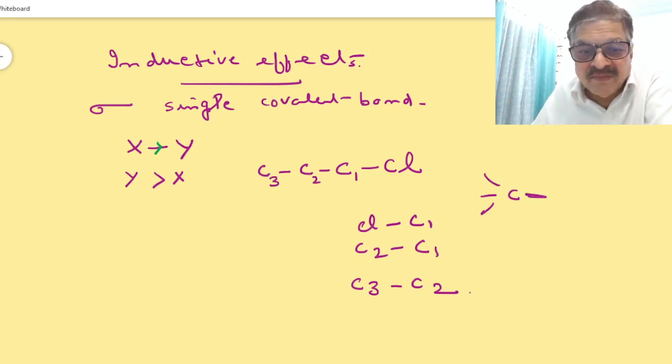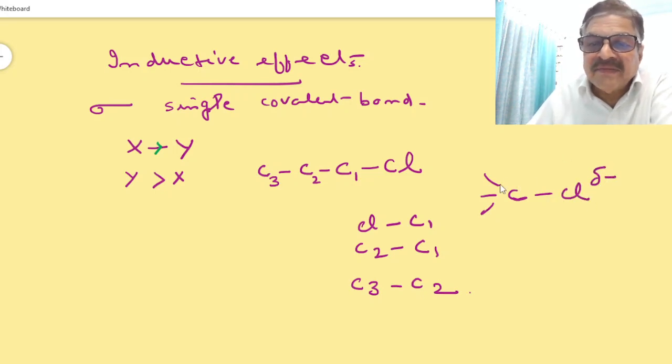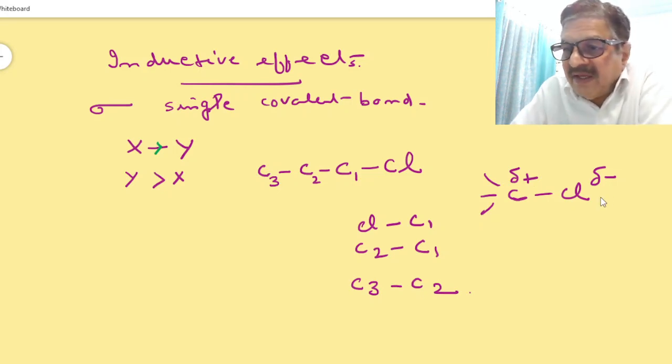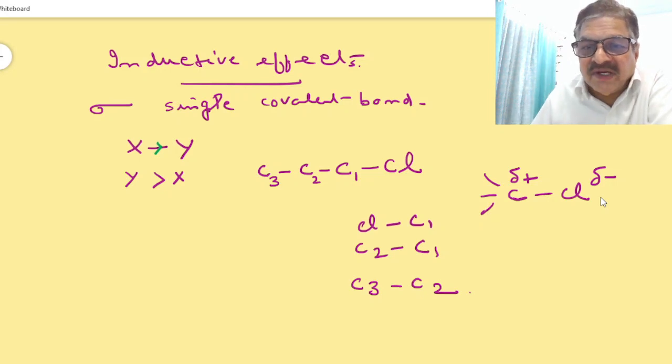If you have a bond like this, this chlorine will attain a partial negative charge, and C1, carbon 1, a small positive charge. Correct? This is how it is.